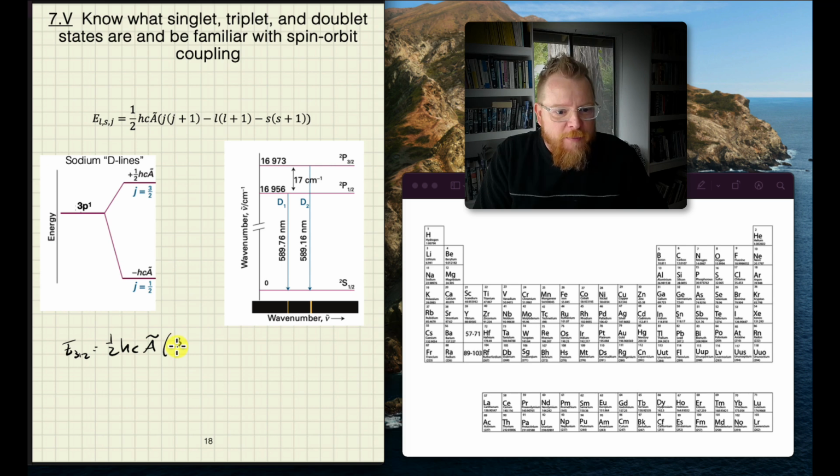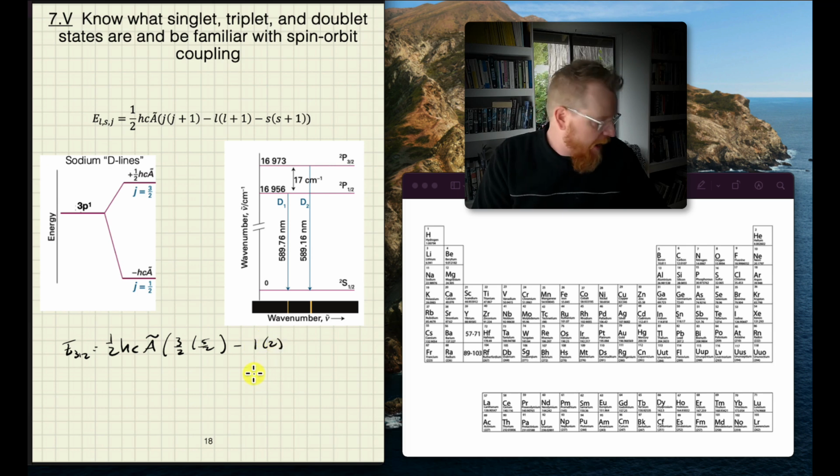So now that's going to become 3/2 times 3/2 plus 1, which is 5/2, minus the value of L for P, which is 1, so 1 times 2. I'm just going to write all these down so we know where they came from. And of course, the value of S is always 1/2, so now that's minus 1/2 times 3/2.